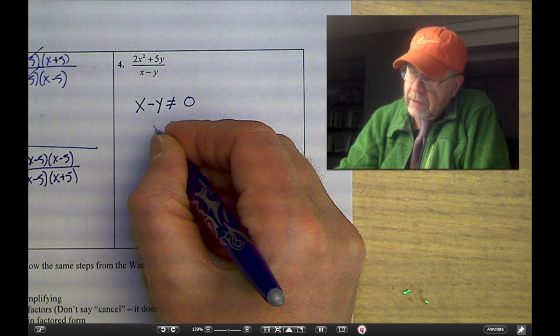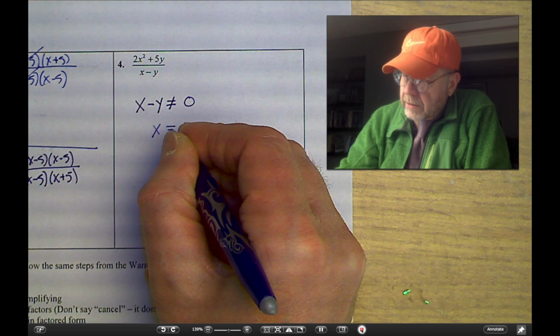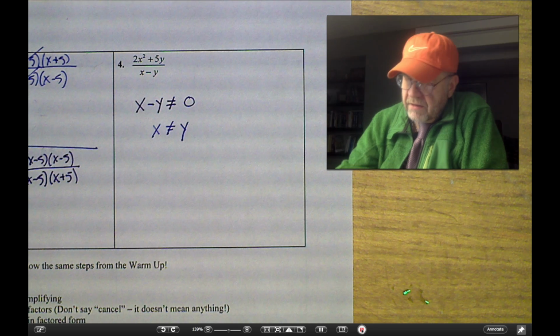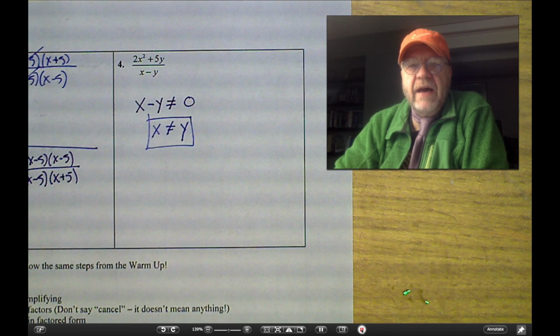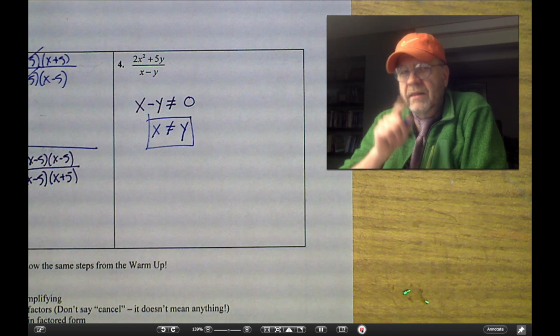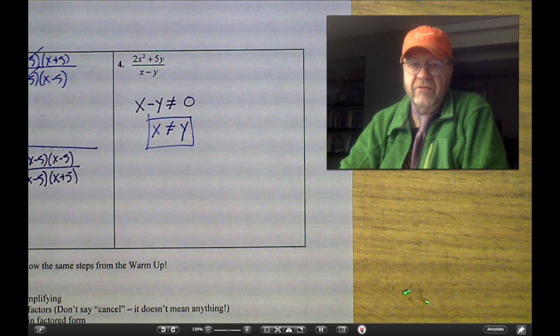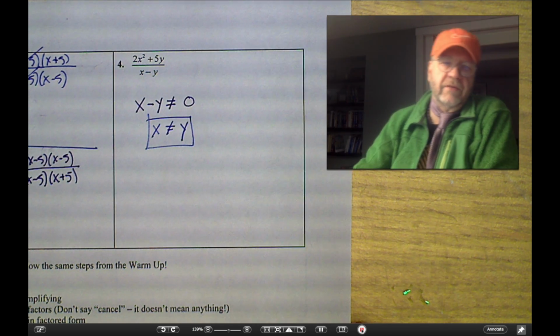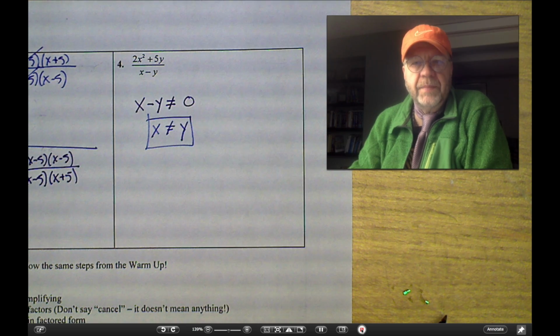And when you do some algebraic magic here, you simply get that any values for x and y are good, unless they're equal. That's your non-permissible value: the one case where the two variables are the same value. Easy peasy lemon squeezy.